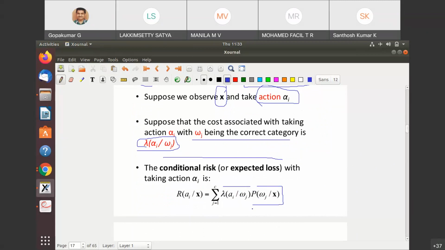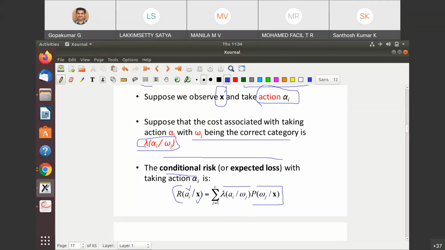We represent the conditional risk using R. What is given is the feature vector x, and for the given feature vector x you are taking an action, let us say ai or alpha I. There is some notational issue here, but assume that ai and alpha I represent the same thing.